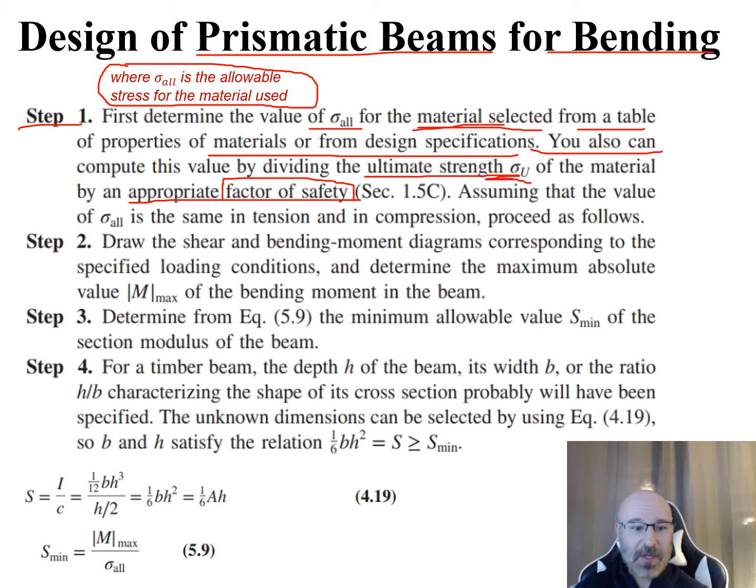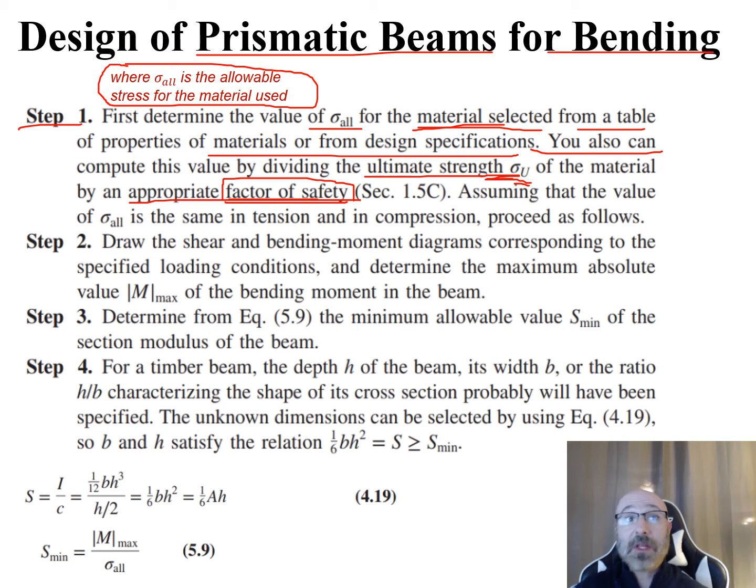What we think might be a good max load to design to, somebody else may double, putting two people on it, dropping something on it, or using it for an unintended purpose. That's why we need the factor of safety, which goes into the computation of the allowable stress and helps us pick the material.